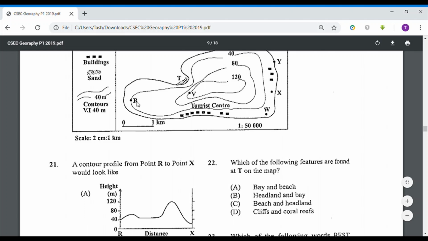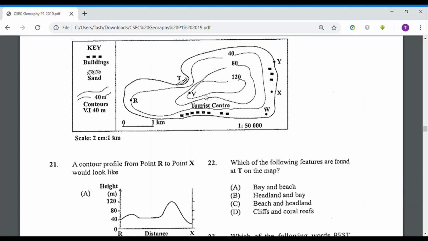So you would end up with, based on the contour interval, 40. This is 80, 120. You would touch 120 again. So on your contour profile, you would end up with a small peak. And you would go across to 80 again, and then the height would reduce but a little steeper.